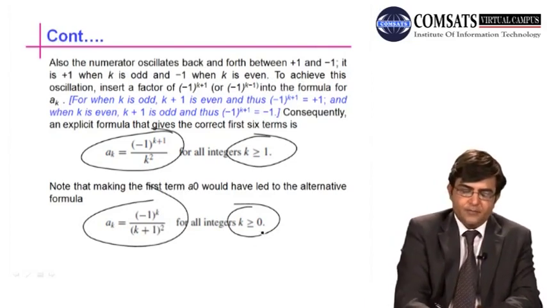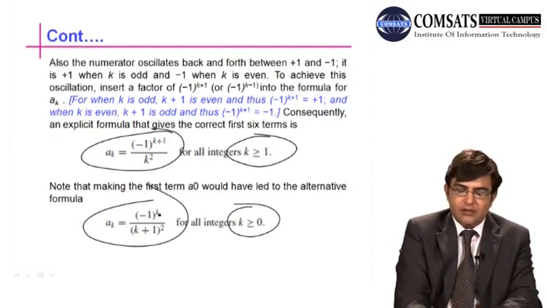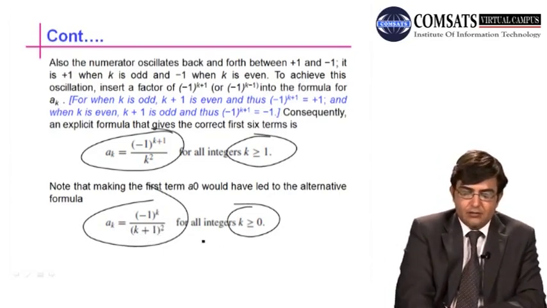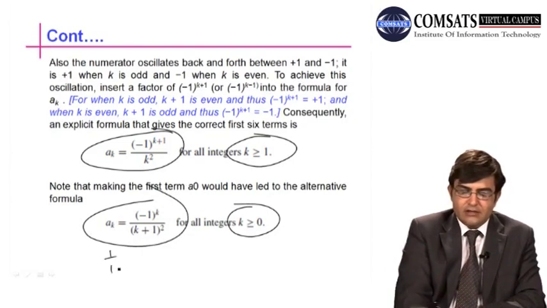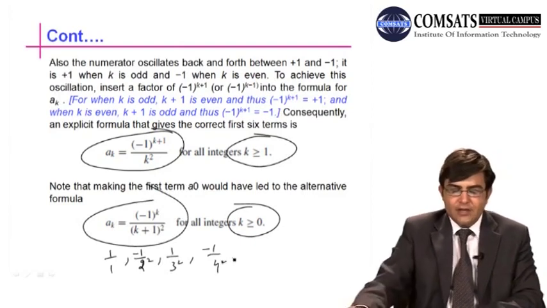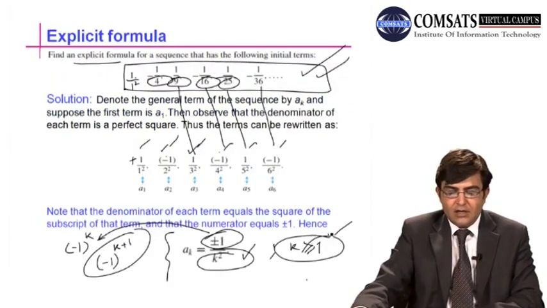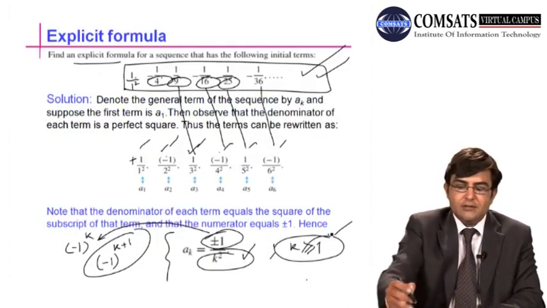If we put 0 here, we get minus 1 power 0 which is 1, and we get 1 over 1 square. If we put 1 here, we get minus 1 over 2 square. Similarly, 1 over 3 square, minus 1 over 4 square, and so on. So we get the same terms.